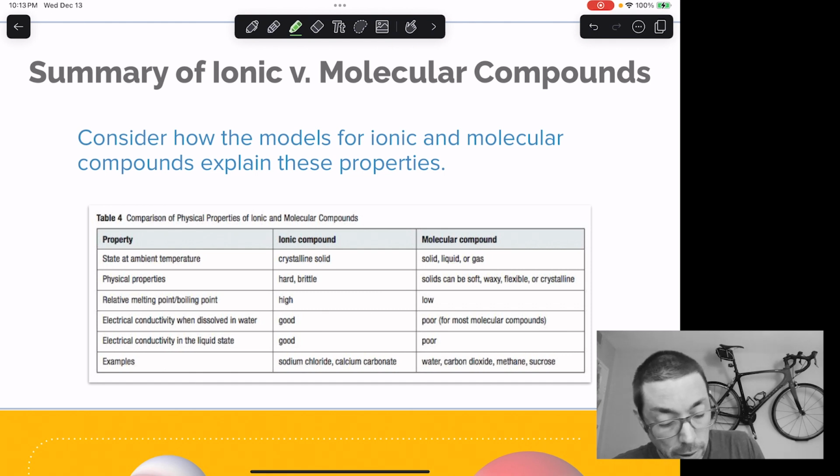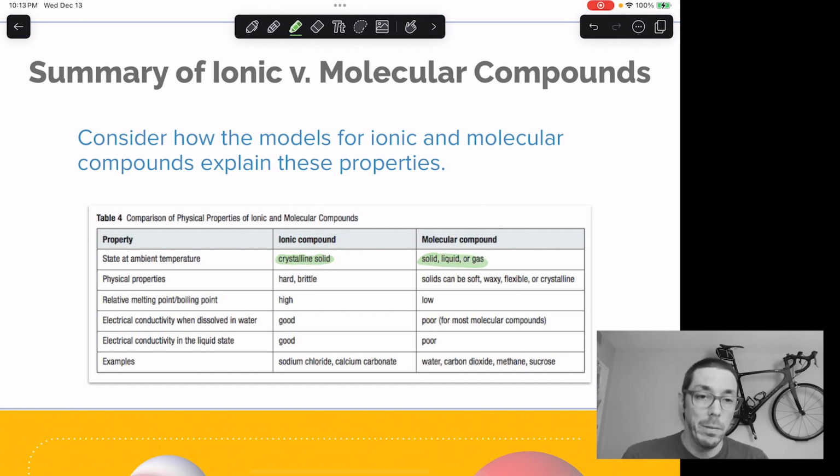So ionic compounds are pretty much always solids, whereas molecular could be any of the three states, and it has to do with how strongly the individual molecules attract and stick to each other.